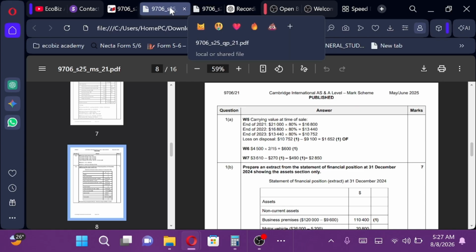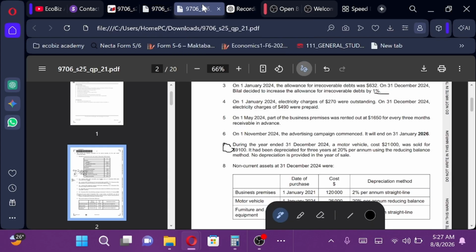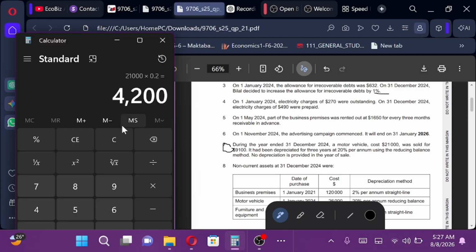Sorry, I just forgot that it was 80%. So we take 21,000 multiplied by 80%. Now this amount, 16,800, is the amount of depreciation for 31st of December 2021.